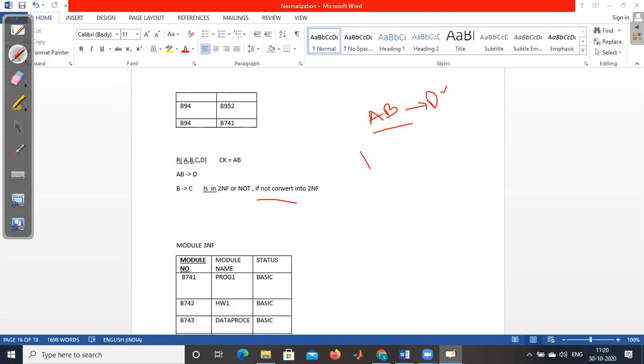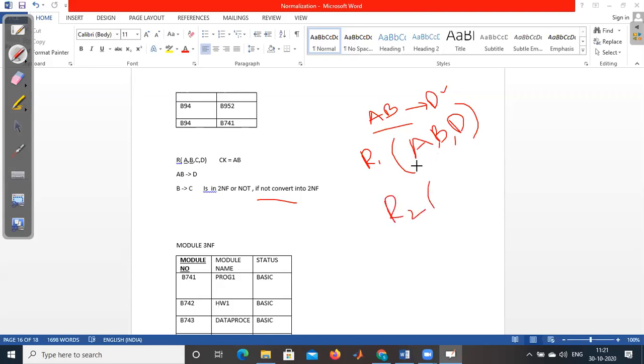So we can decompose the relation into relation R1 such that A, B gives the attribute D. So this is one relation. Next, relation 2.